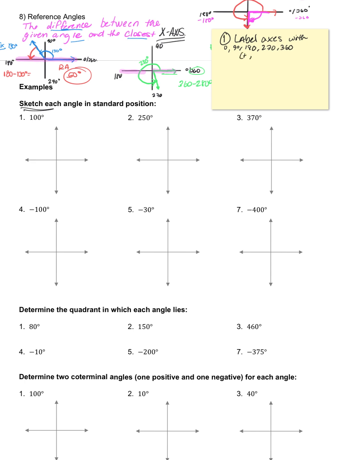Positive and negatives when necessary. Number 2, show the initial side and terminal side. And number 3, direction arrow. I'll show you exactly what I mean.